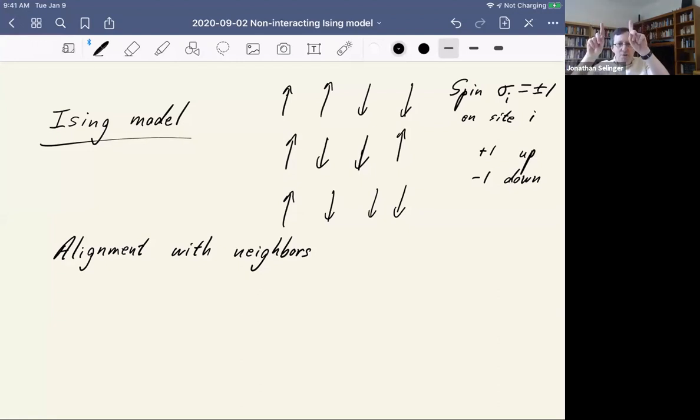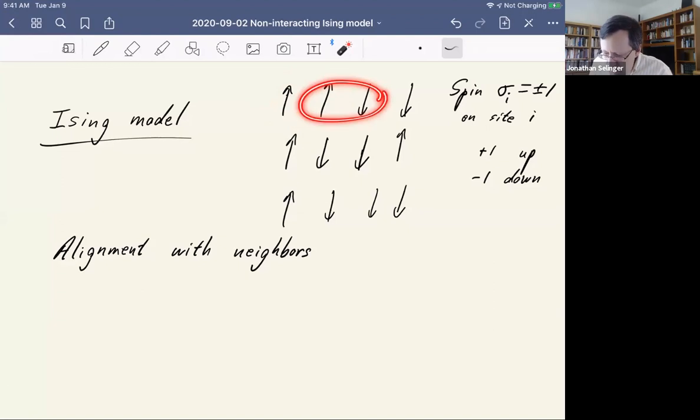Either both up or both down is good. That's a low energy. By comparison, if one is up and one is down, that's bad. That's an unfavorable energy. So if we look at the nearest neighbor pairs, that's 2 ups. That's a favorable negative energy. Here's a pair where there's 1 up and 1 down, and so that's unfavorable.